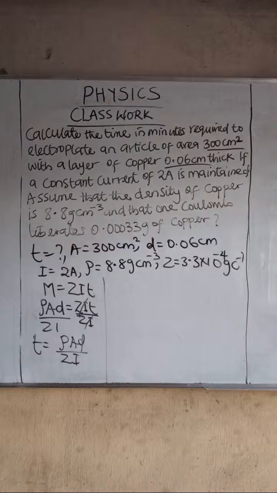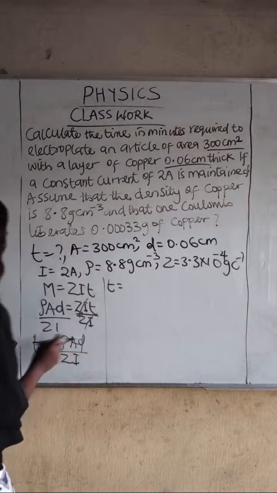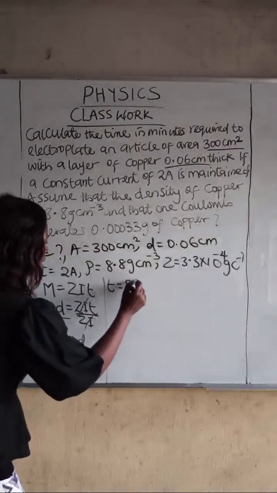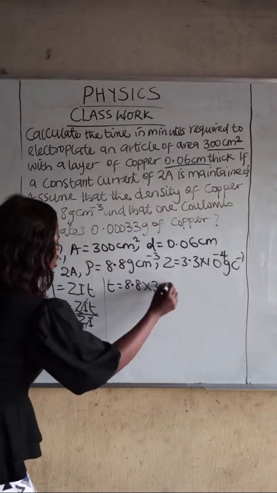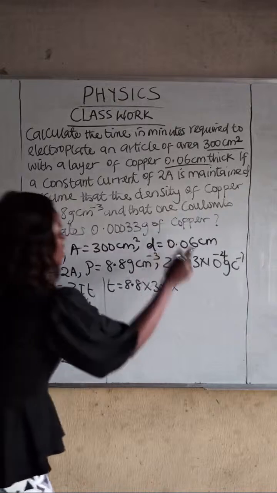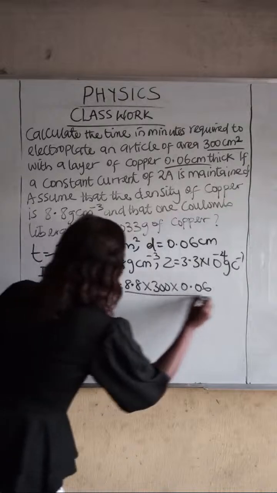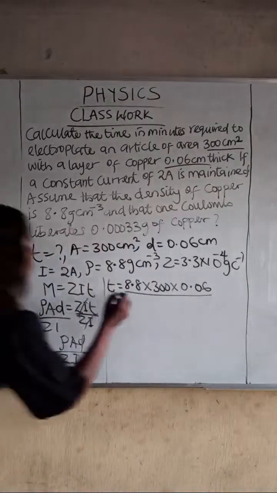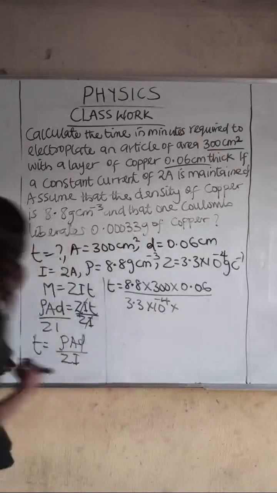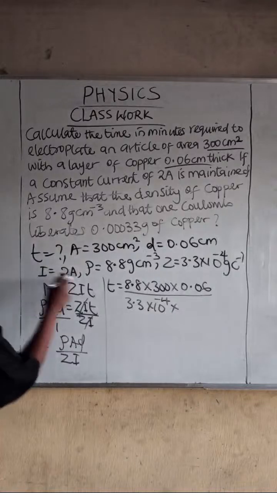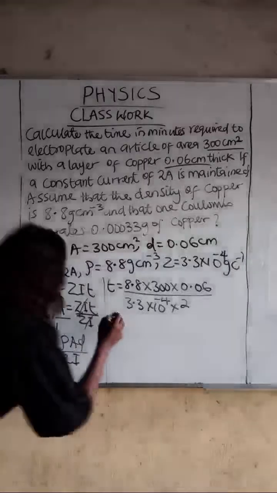So I'm going to substitute the values: my T is equal to my density 8.8 times my area 300 times my thickness 0.06. Okay, so I divide by my electrochemical equivalent, 3.3 times 10 raised to the power minus 4, times my current, which is 2.